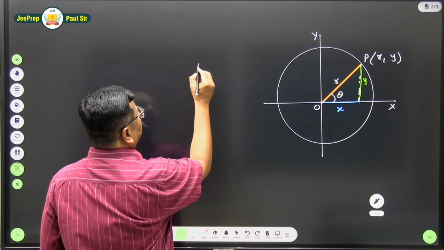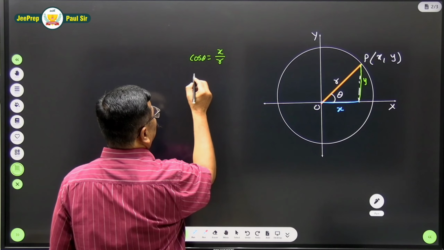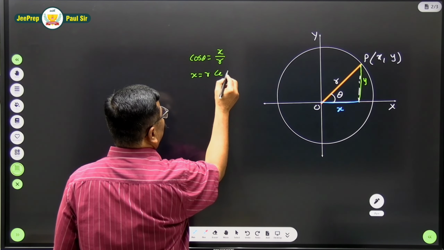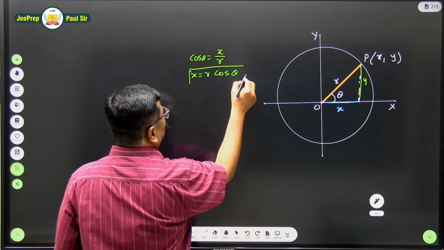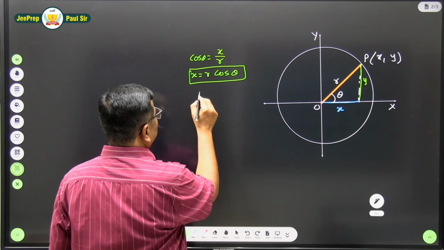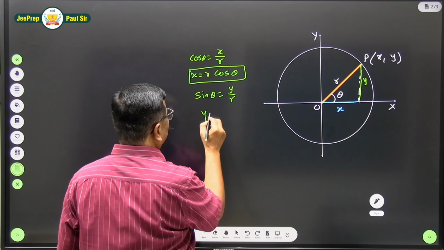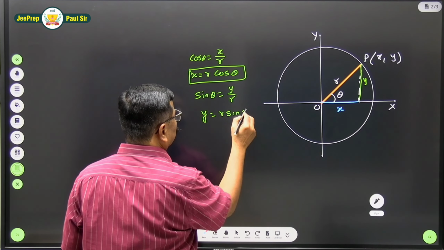Then we know that cos theta is equal to x upon r. Therefore x equals r cos theta. This gives the x coordinate of point P, while sin theta is equal to y upon r. Therefore y equals r sin theta.